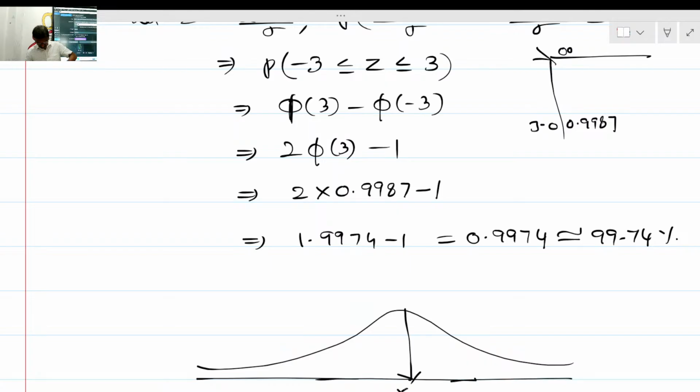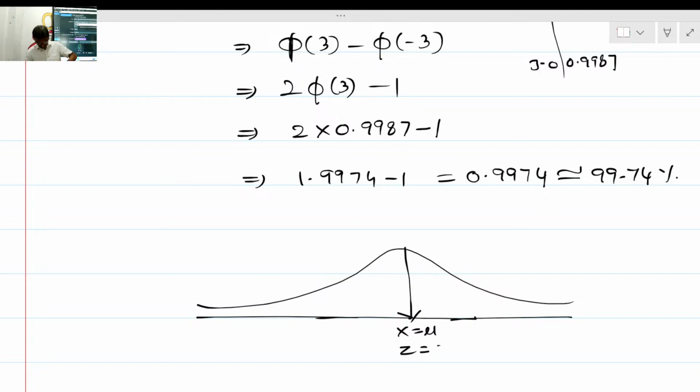Now x equal to mu, z equal to 0, ranging from minus infinity to plus infinity. Z here is minus 3, here is plus 3, approximately, not exact.